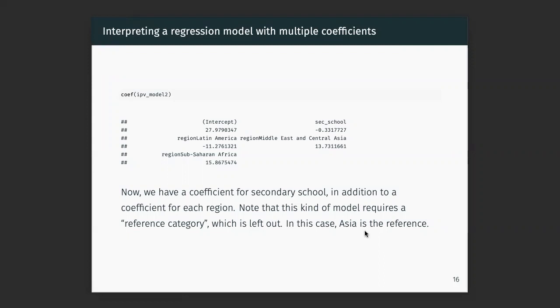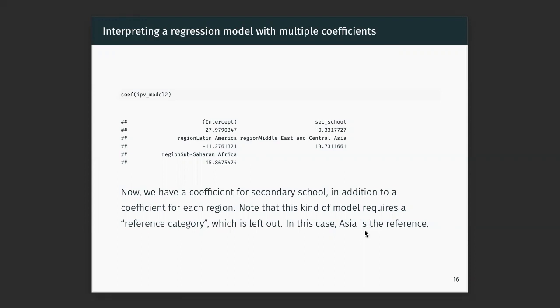So now our interpretation of the intercept term is when the region is Asia and secondary schooling is 0, we expect toleration for intimate partner violence to be about 28. Asia is the reference category. It does not actually matter mathematically which category is the reference.